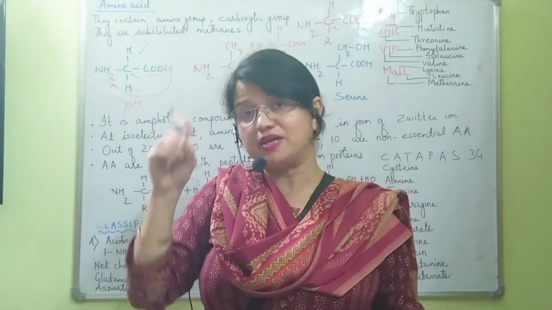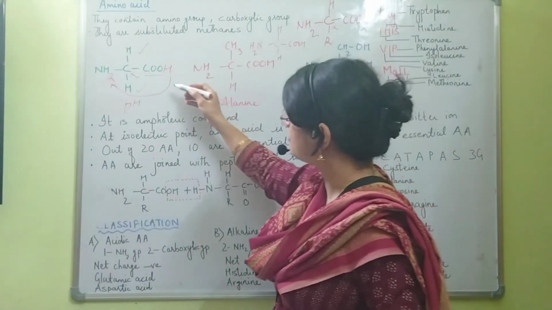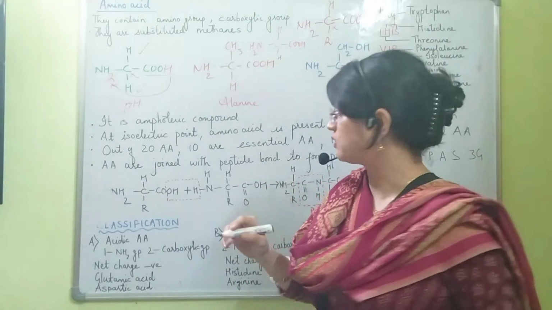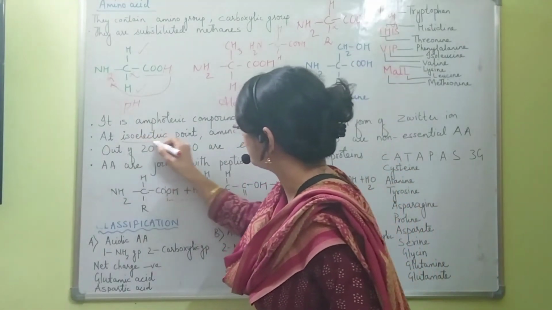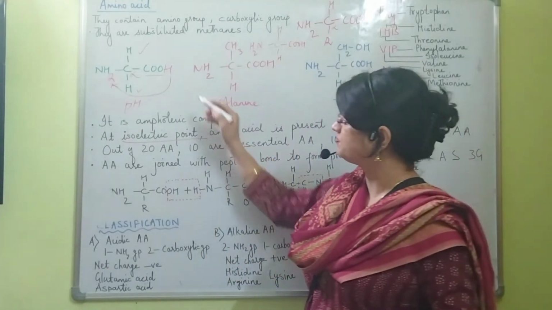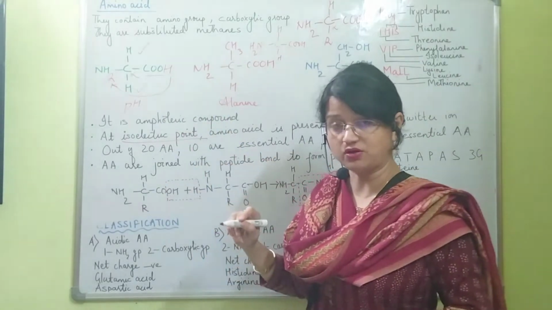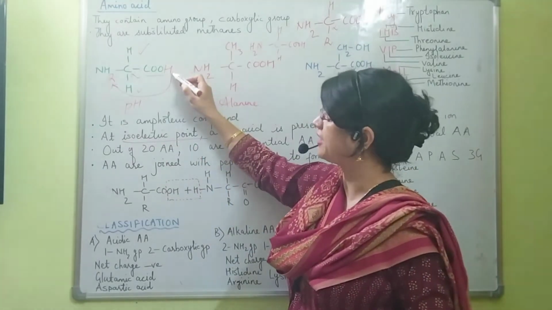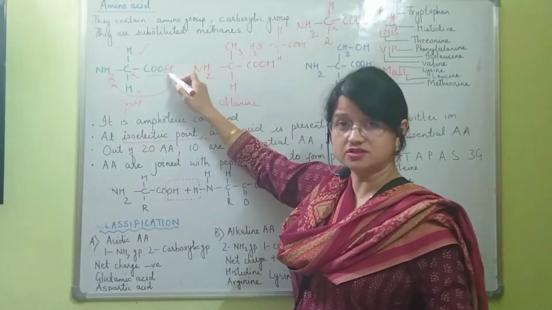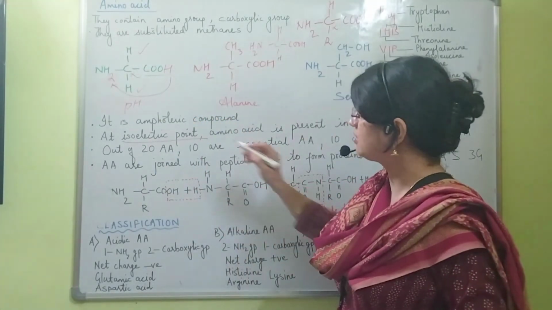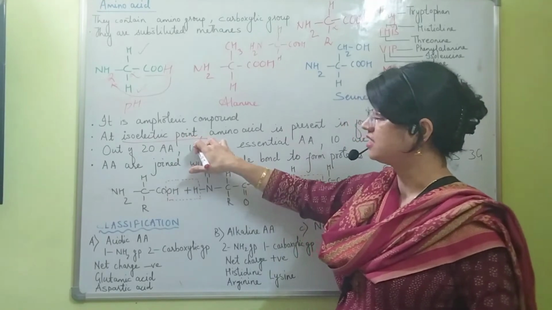So that pH where there is intramolecular transfer of the hydrogen ion will be called the isoelectric point. Just remember that pH where there is intramolecular transfer of hydrogen ion is known as the isoelectric point. It means the hydrogen ion which is given by the COOH group will be taken by the amino group. That pH is known as the isoelectric point.